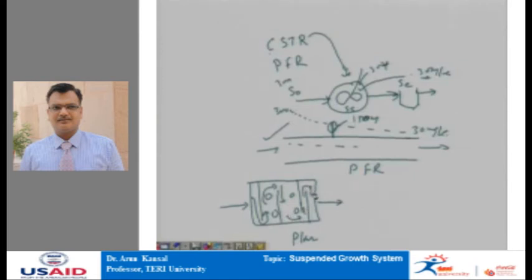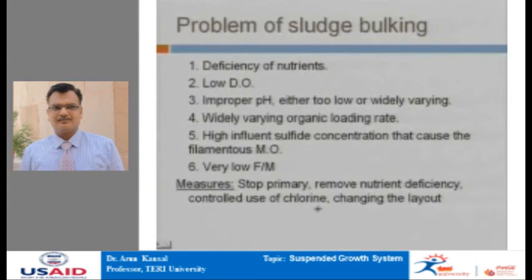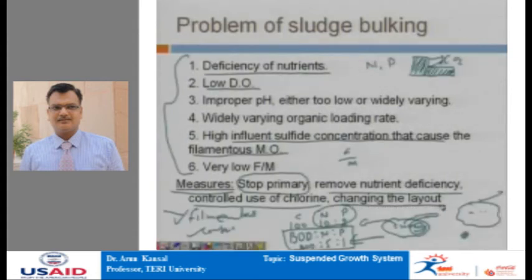So this is the flow of water, and a plug flow mode system results in better quality of sludge. This is what we mean by changing the layout of the system, from CSTR mode to plug flow mode. So, these are some of the methods by which sludge bulking can be reduced.